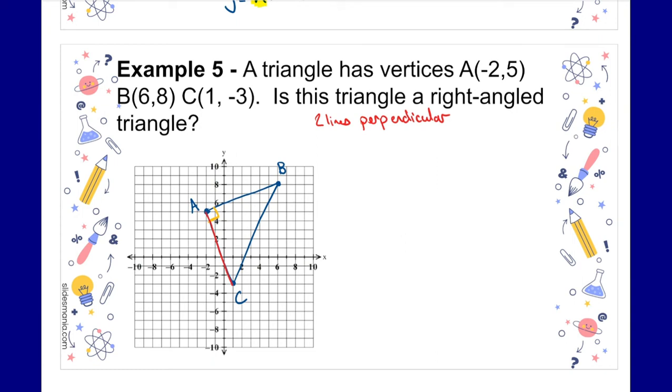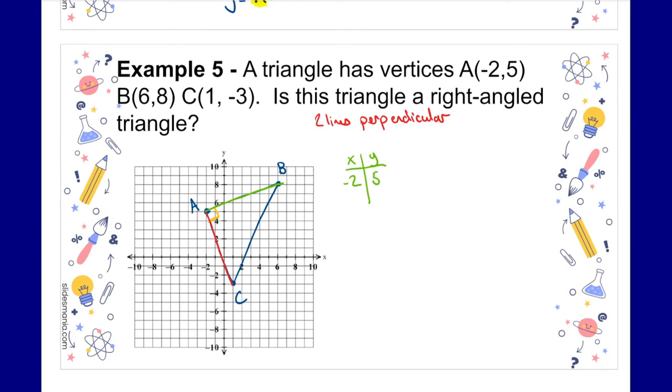And I can do that because I've learned how to find the equation of a line from 2 points. Now, I don't need the full equation, I only need the slope. So I'm going to look at the first line, AB. Again, I'm just going to keep it color coordinated, so I don't want to confuse it with the other blue line. The x and y values come right from the points that I have.